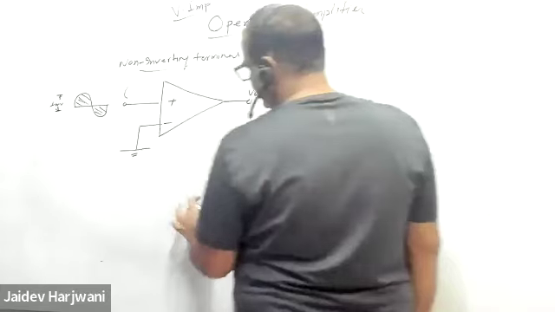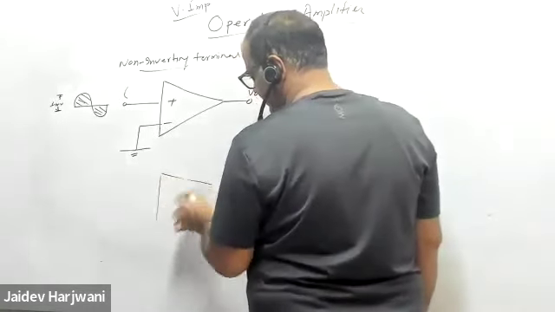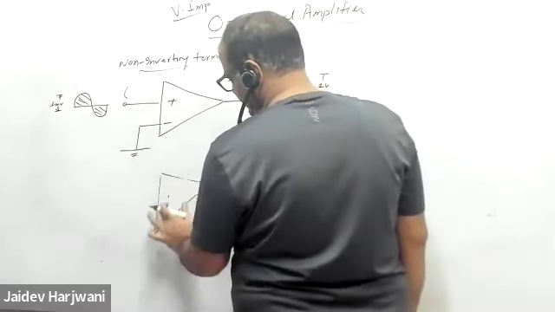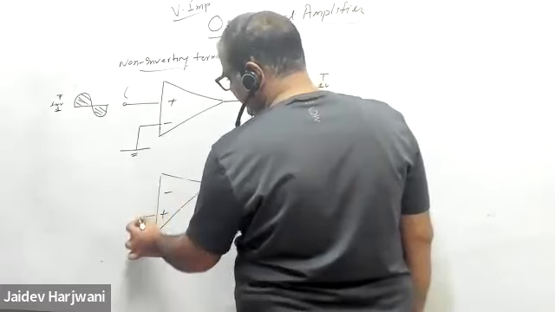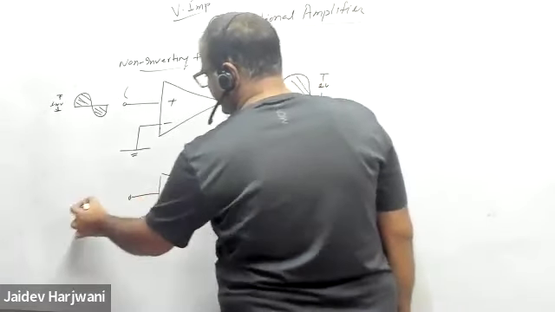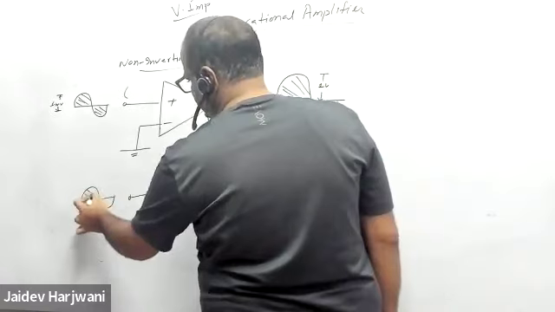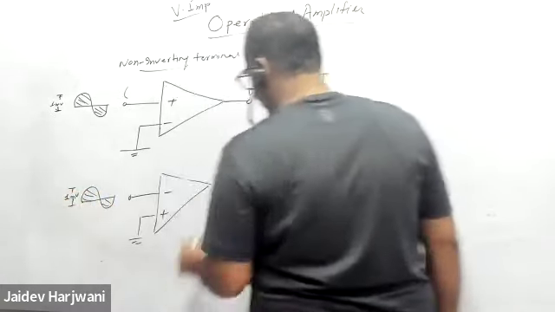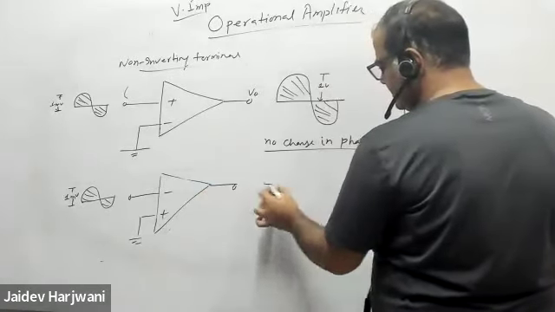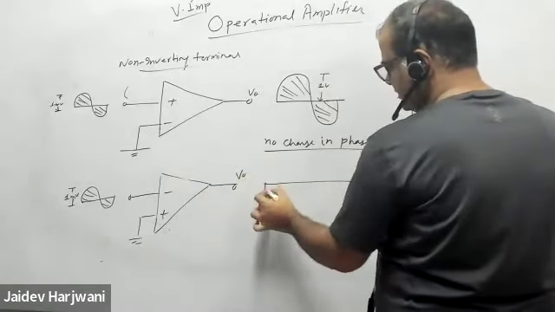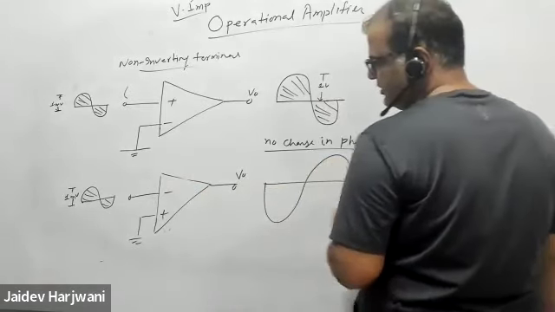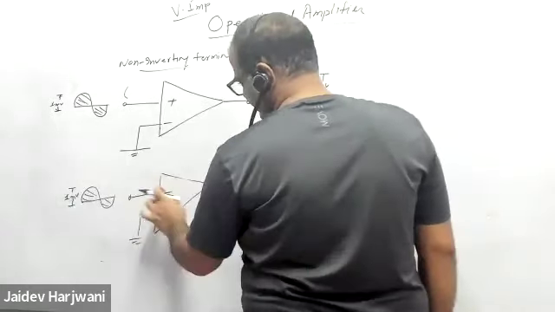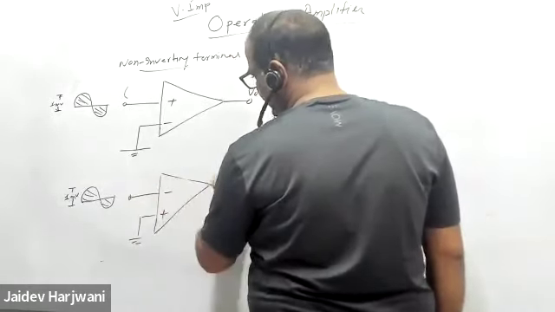And similarly, if I ground the plus terminal and apply the same 1 millivolt at the minus terminal, the output will be like this, because the minus terminal is there, so this will be negative always.